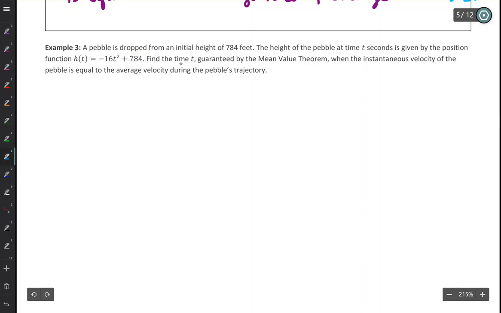We're asked to find the time t guaranteed by the mean value theorem when the instantaneous velocity is equal to the average velocity during the pebble's trajectory.